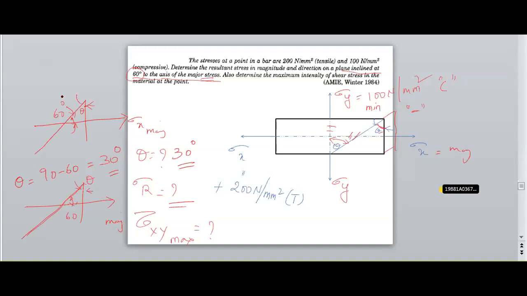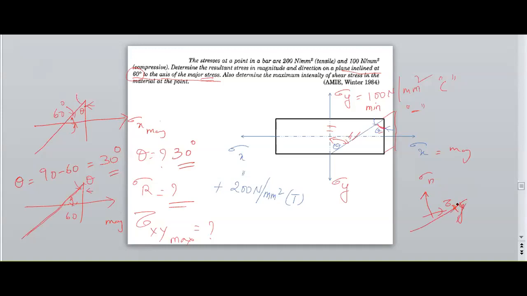How to find the resultant stress? On the inclined plane, we have the normal stress, sigma n, and parallel to the inclined plane we have a shear stress.